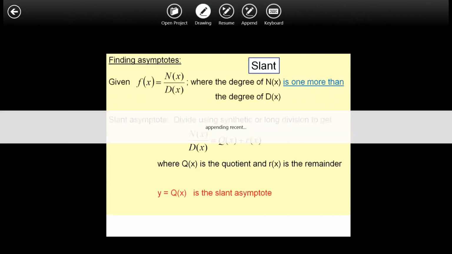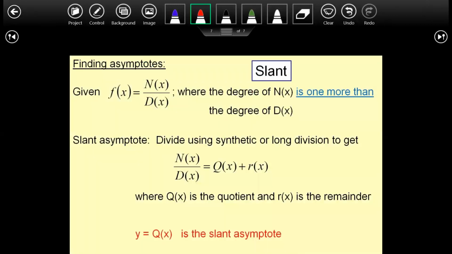Essentially, I want you guys to be able to just use synthetic or long division to get our quotient and remainder. The quotient, that last bit apart, will be our slant asymptote. It will be the line that we also have to graph.